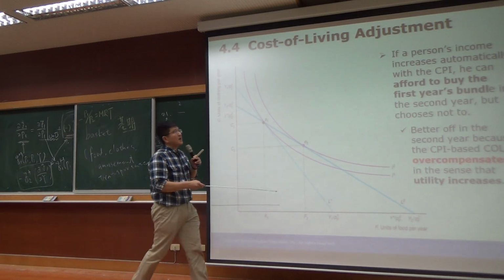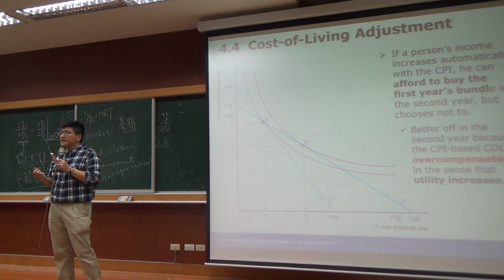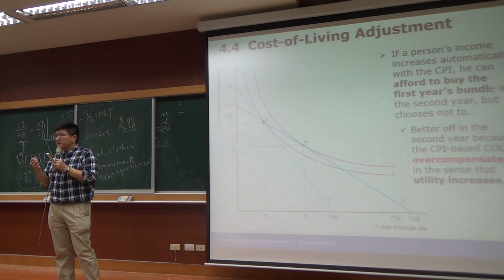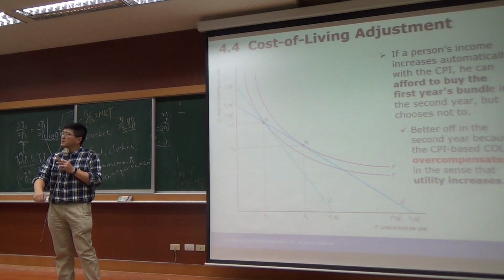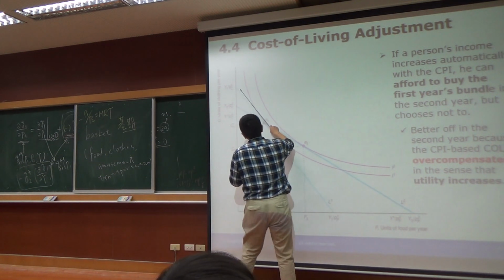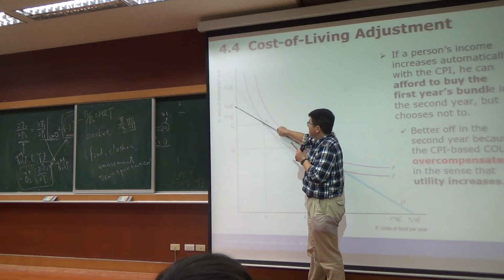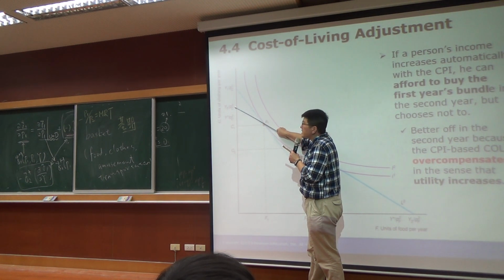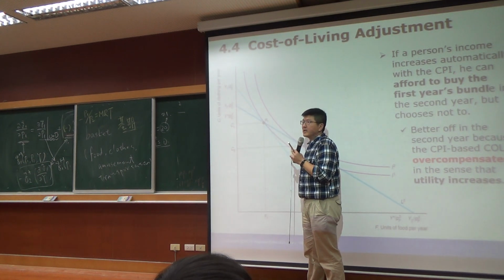program, based on CPI, adjusts your income with CPI to ensure you can afford your consumption bundle in period 1. So you may understand this is the initial income and this is the income adjusted using CPI, and make sure you may afford buying E1.